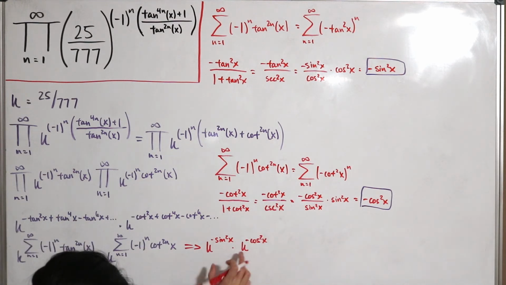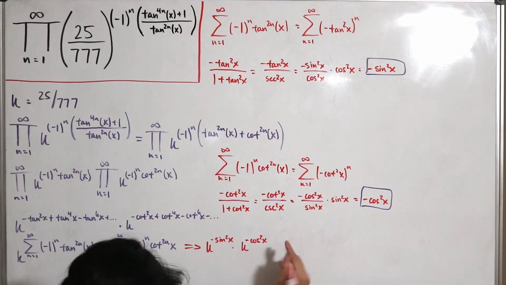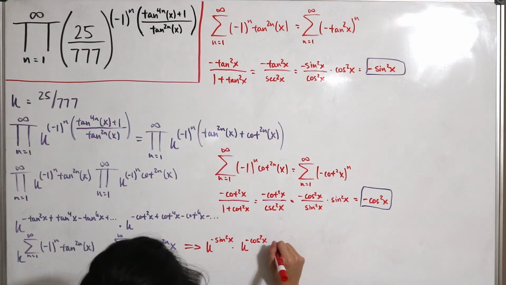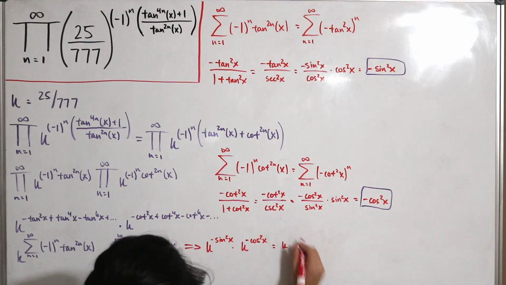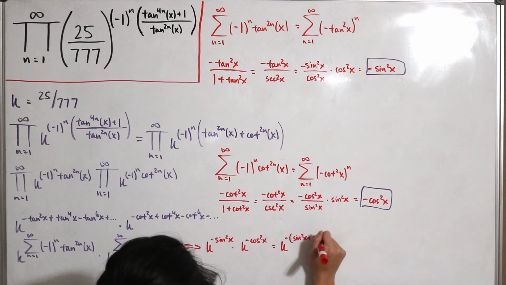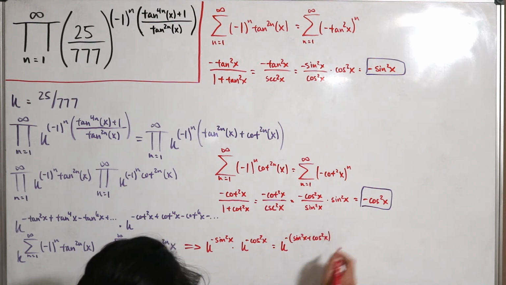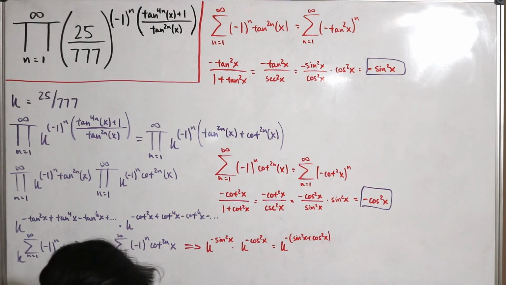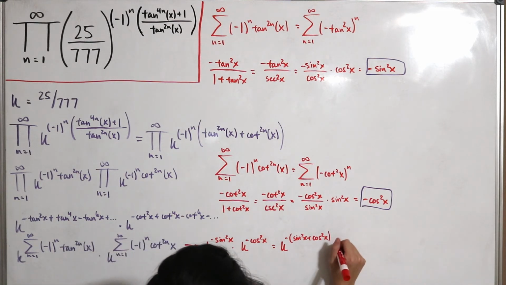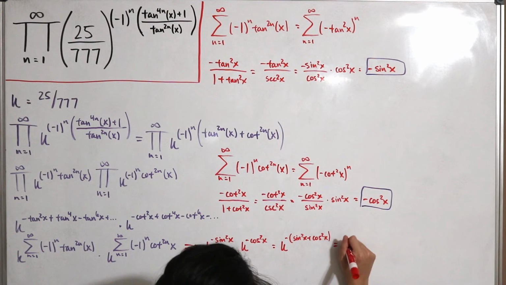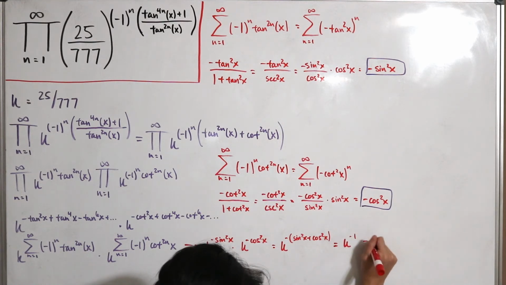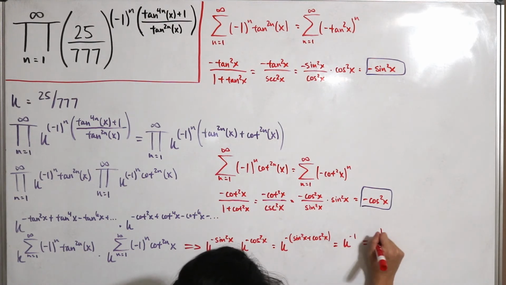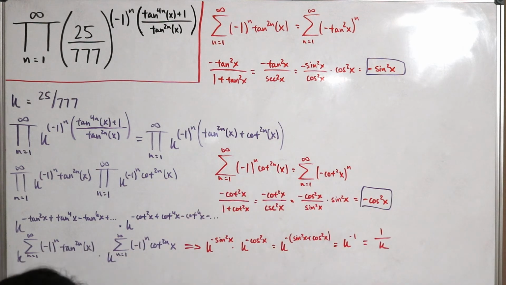They share the same base, so we can just add the two exponents together, factor out the negative. So this is k to the negative sine square of x plus cosine square of x. Obviously, you know that this identity is the fundamental trigonometric identity. That's just equal to 1. So we have that this is just k to the negative 1, or in other words, its reciprocal, 1 divided by k.